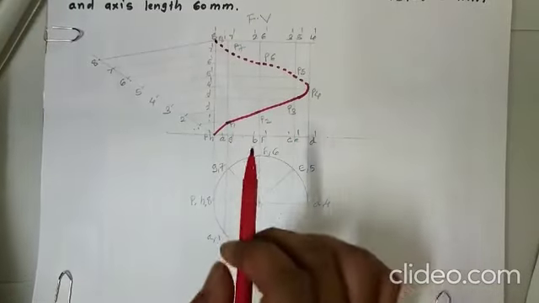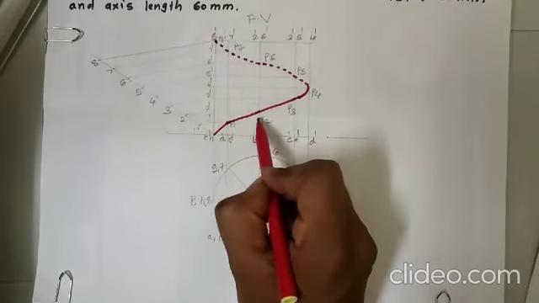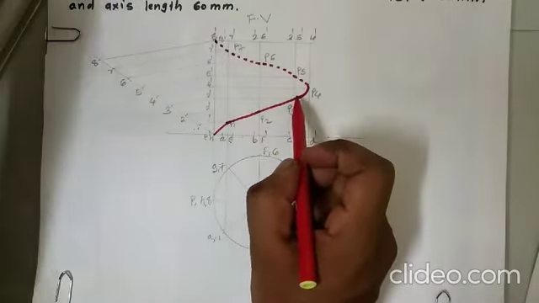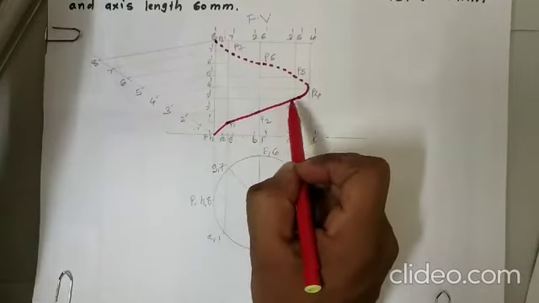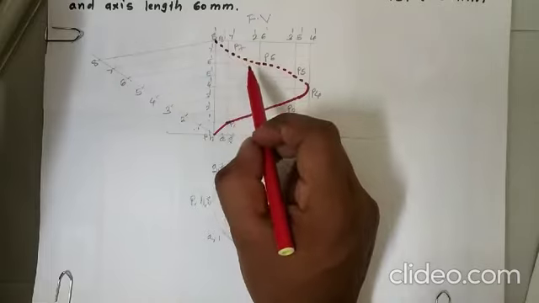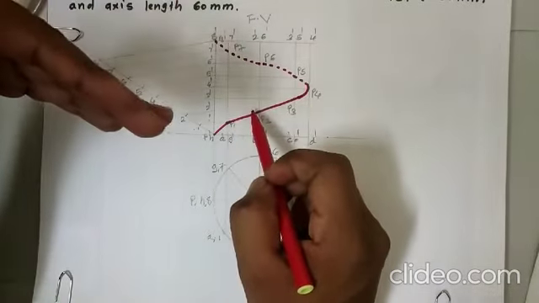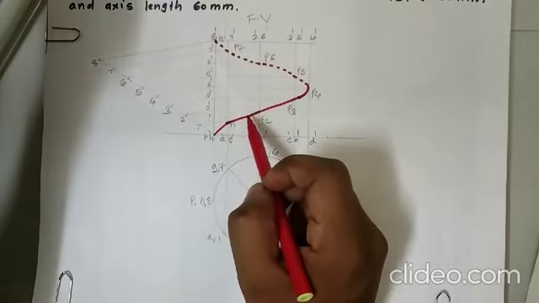Now here a question arises. Points P, P1, P2, P3, P4 I have shown by using a continuous line, and points P5, P6, P7, P8 I have shown dotted. Why have I shown half the portion dotted and half continuous?